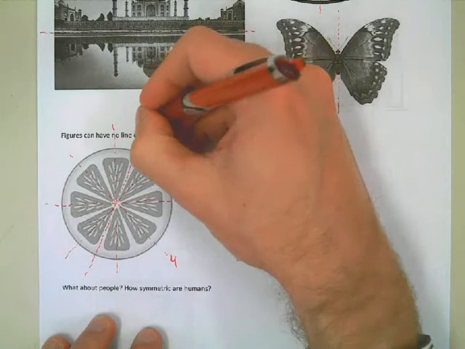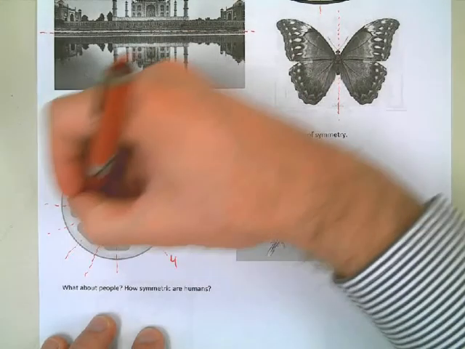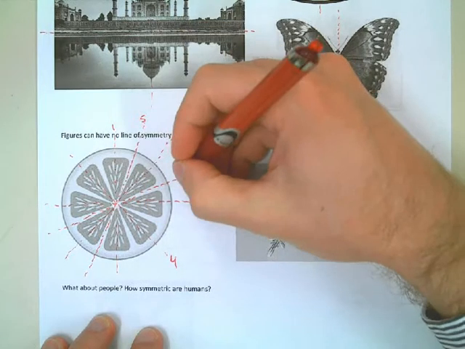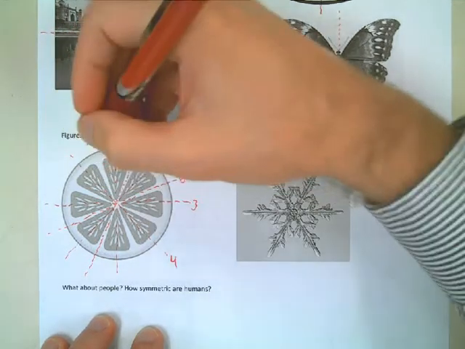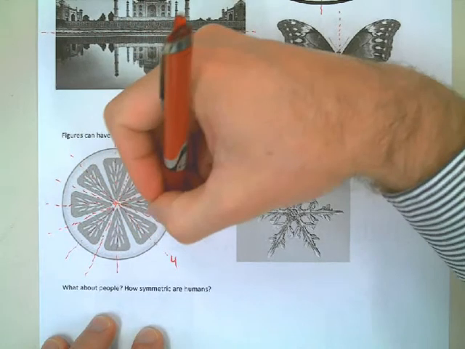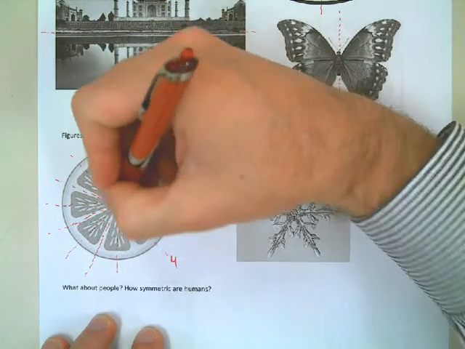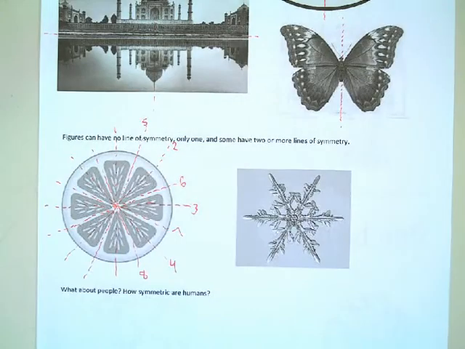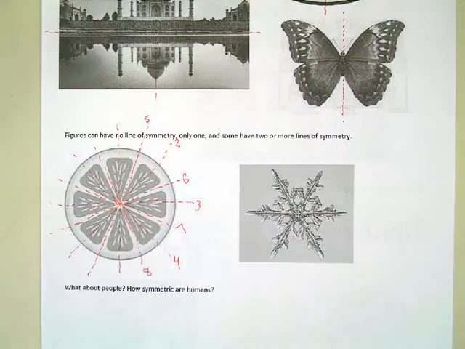And another one right here. So that's 6, and then, oh my goodness, 7, 8. So there's really 8 lines of symmetry to that bad boy. That's pretty impressive. All right.